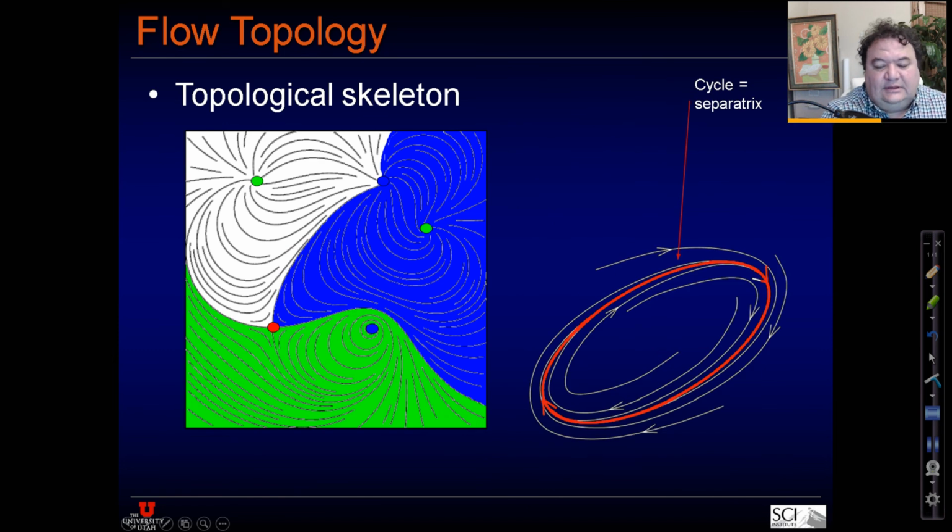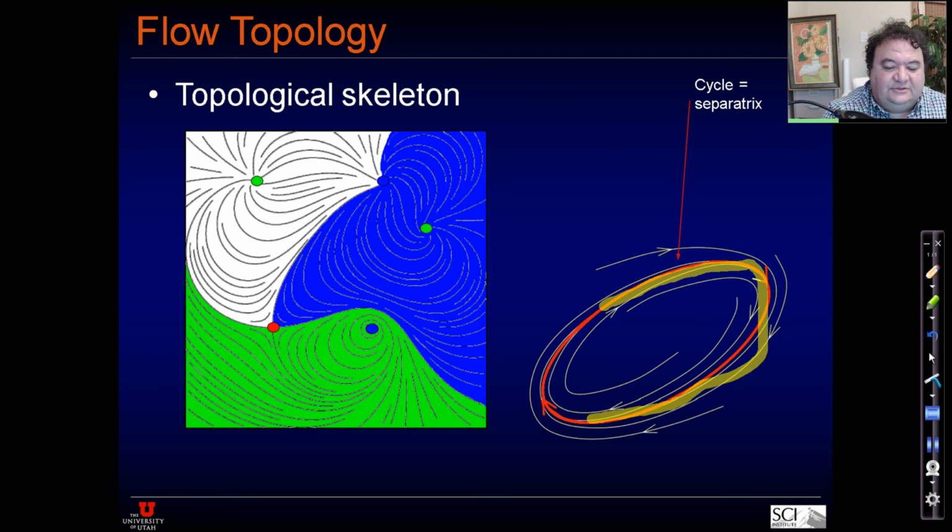One special case of a critical element that is not really a critical point is that one can have an entire cycle of flow that normally would happen just around a center, but this cycle can act itself as a source or a sink.